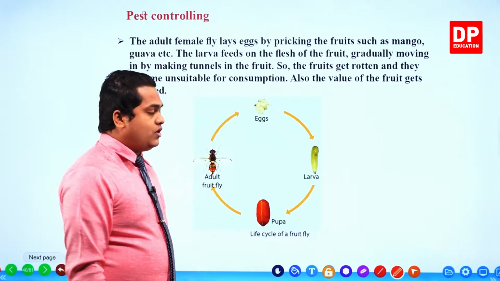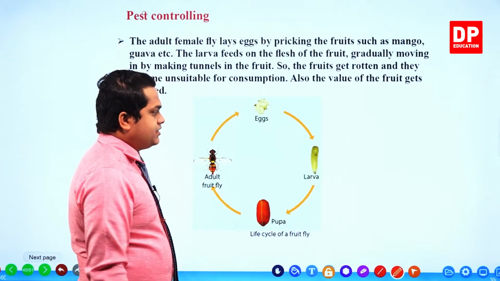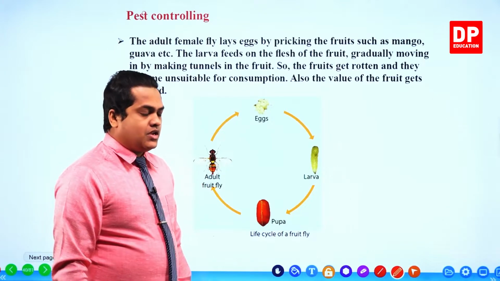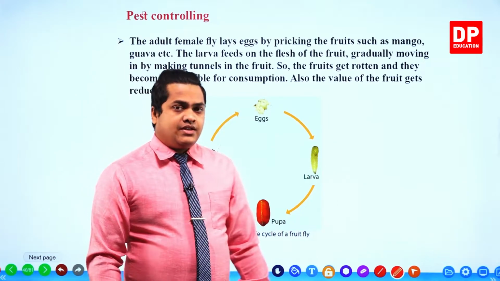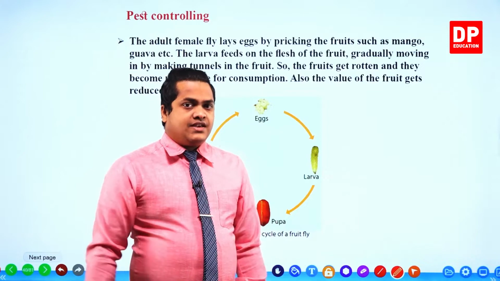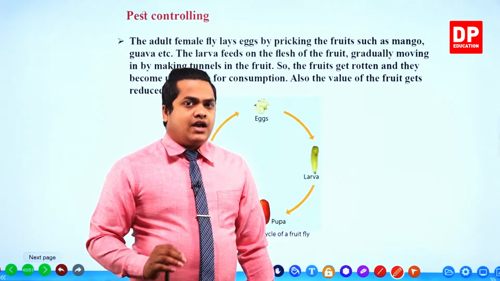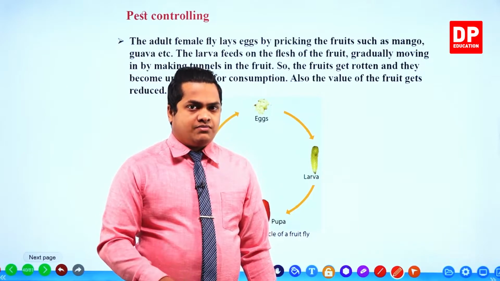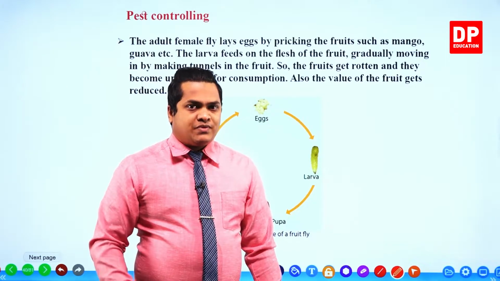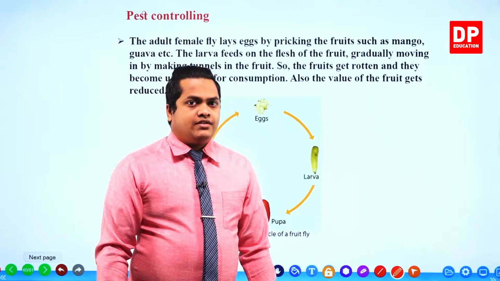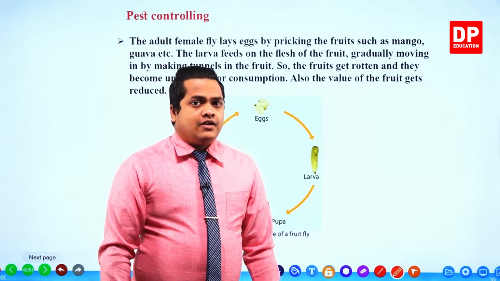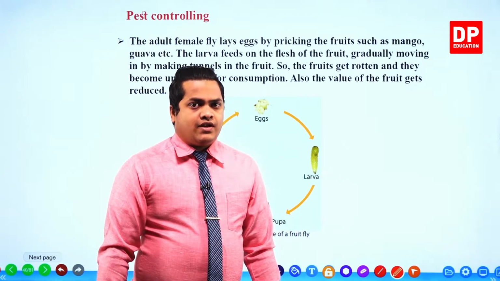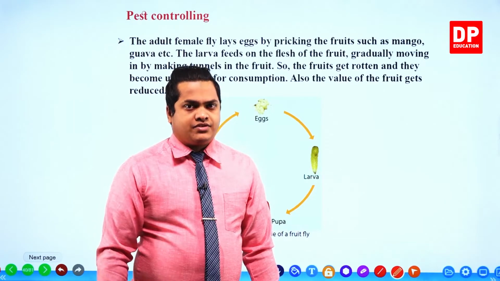Okay, so all 4 stages can be clearly observed here, my dear children. Right, so now we have studied the life cycle, and what stage of the life cycle really harms the fruit, especially the larval stage of the fruit fly, which destroys the fruits.